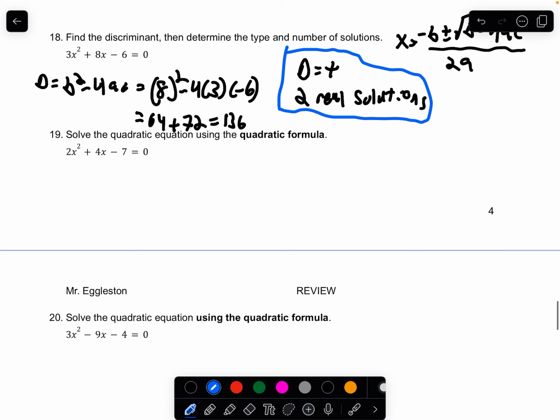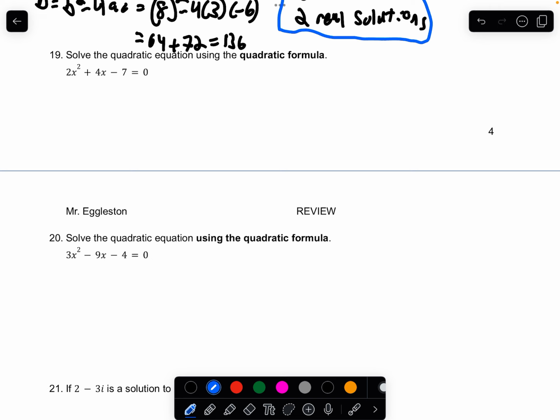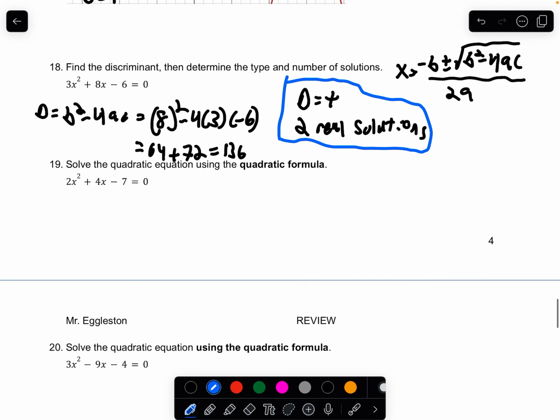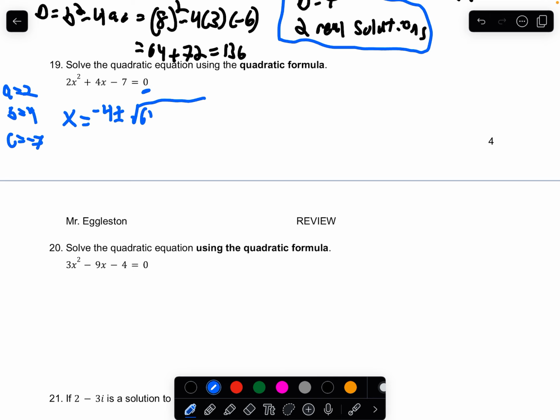Okay, solve the quadratic equation using the quadratic formula. We're getting close to the end. Okay, so the quadratic formula I just wrote up there, you have to make sure it's equal to 0. And then you can just say A equals 2, B equals 4, C equals negative 7. And then X equals the opposite of B, plus or minus the square root of B squared minus 4 times A times C all over 2A.